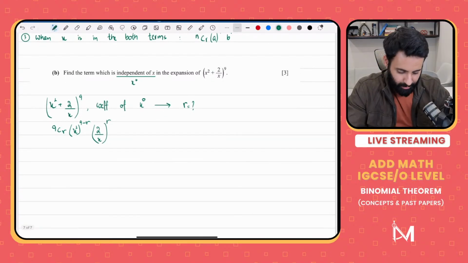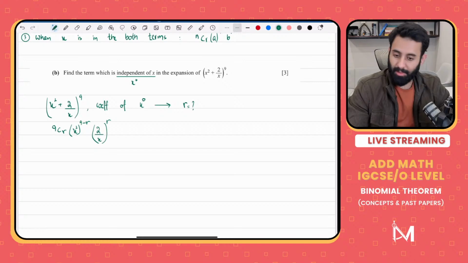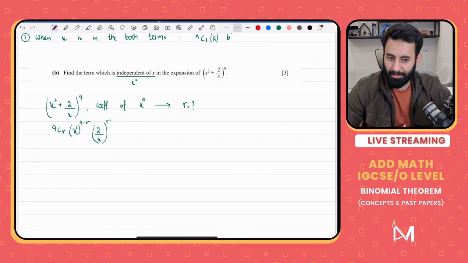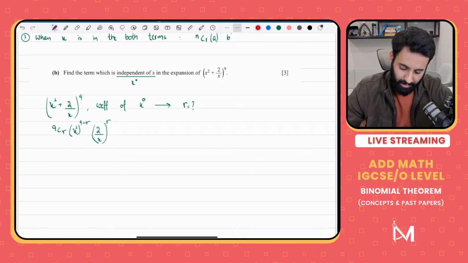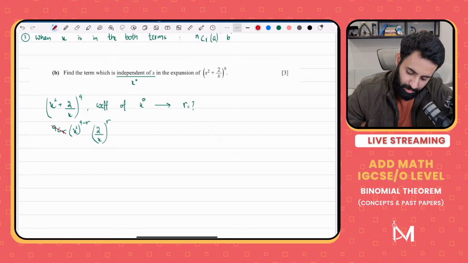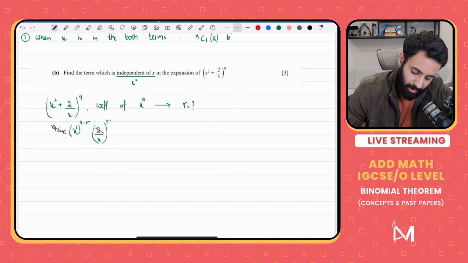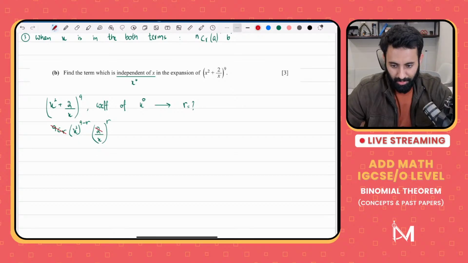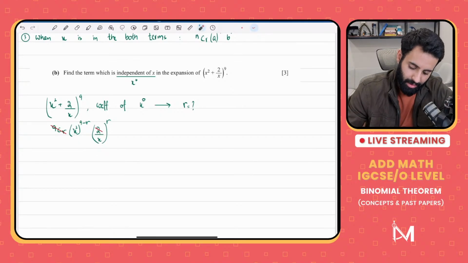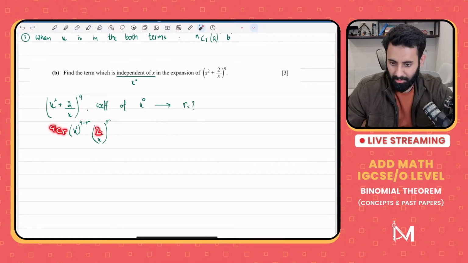Now what we're going to do is ignore everything that will not have an impact on the power of x. So 9Cr में मैं r कुछ भी लगा दूं, x की पावर पे कोई फर्क नहीं पड़ेगा. 2 पे कोई भी पावर हो, x की पावर पे कोई फर्क नहीं पड़ेगा. The reason we're ignoring 9Cr and 2 is because no matter what the value of r is, they will not have any impact on the power.